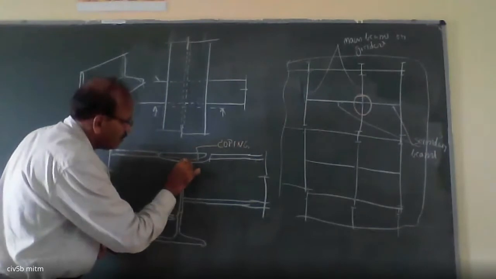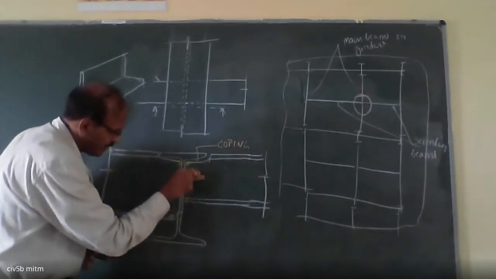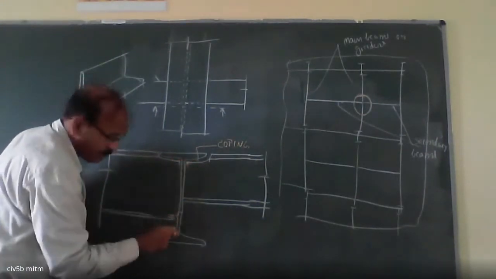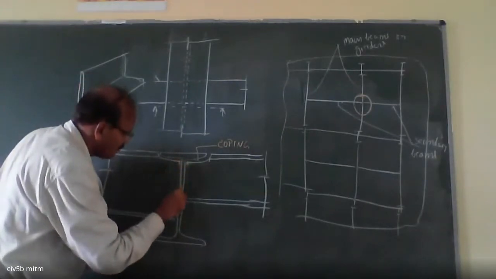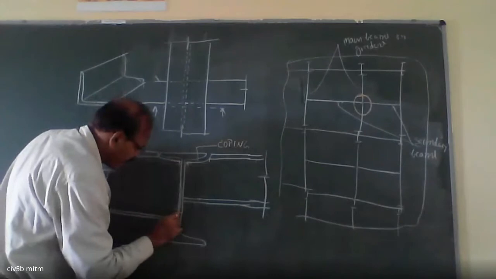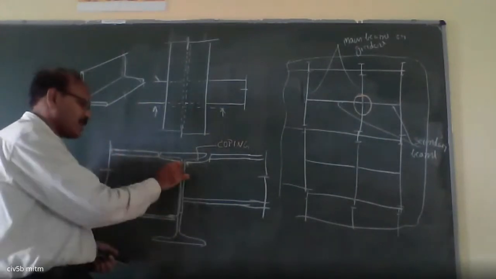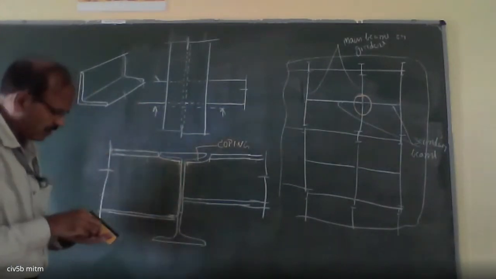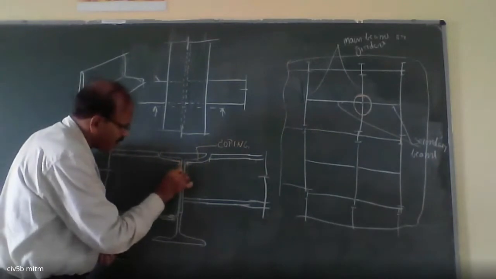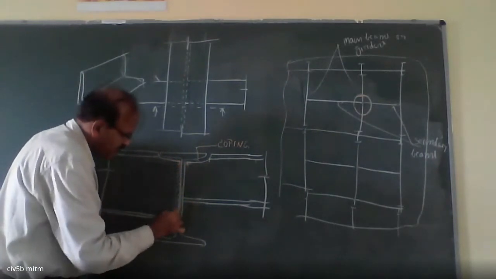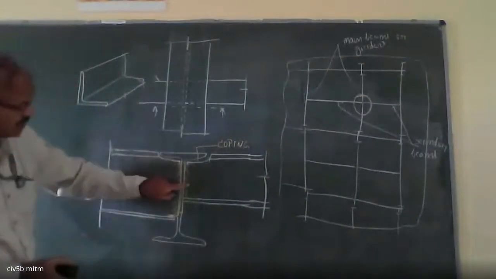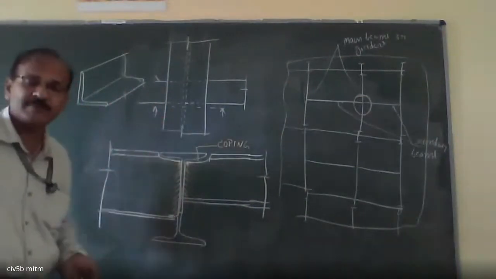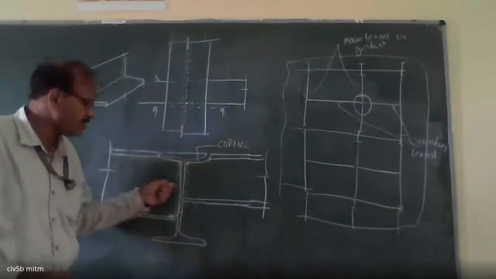Now the web of the secondary beam is touching the web of the main beam. Similarly, on this side, the web of the secondary beam is touching the web of this. Then we are going to put welds on both sides, that is here and also behind. Is this clear to you?